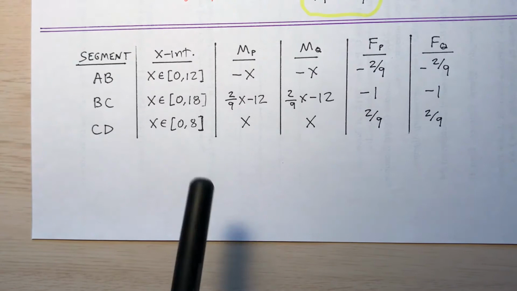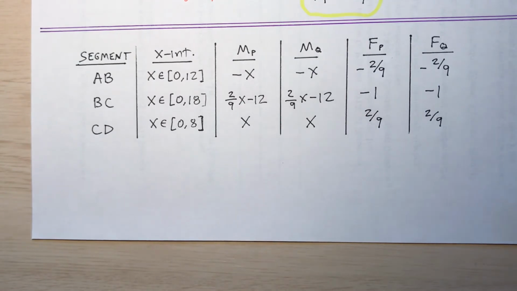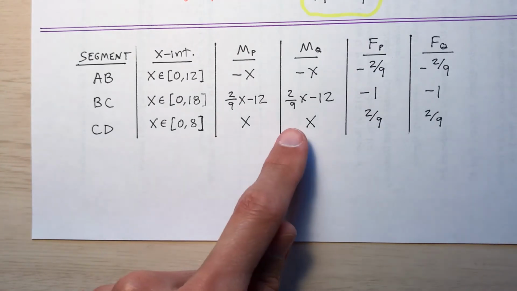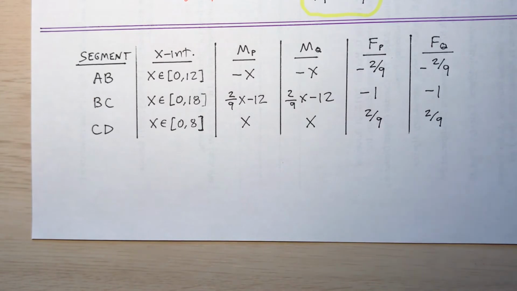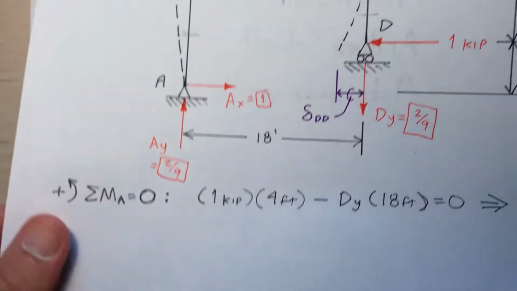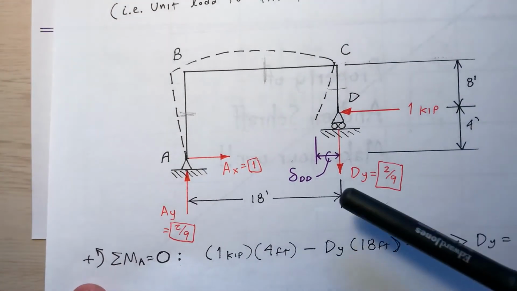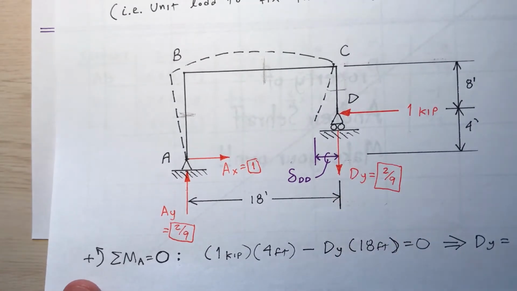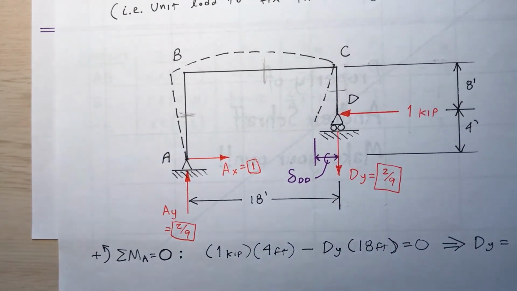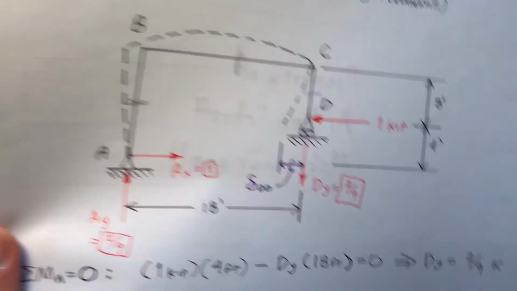The M sub P gets copied over, the F sub P gets copied over, real, virtual. Now I'll use the equation for virtual work to find that unknown displacement. I'm trying to find this delta sub DD, aren't I? Delta DD is what I'm looking for.